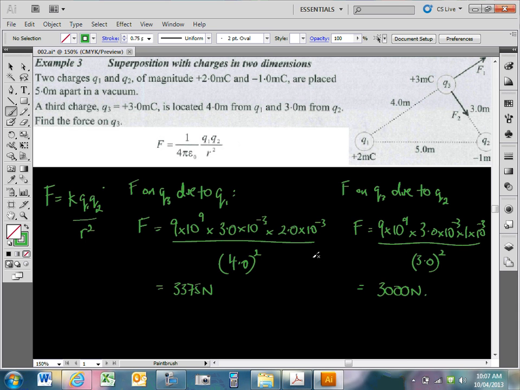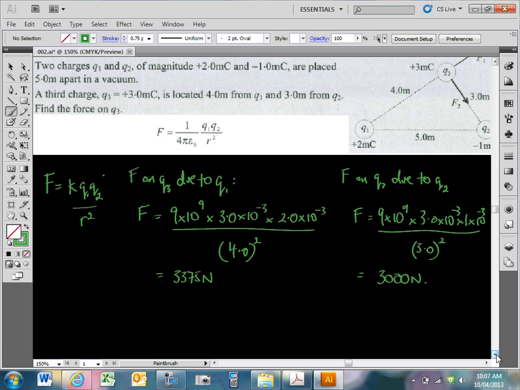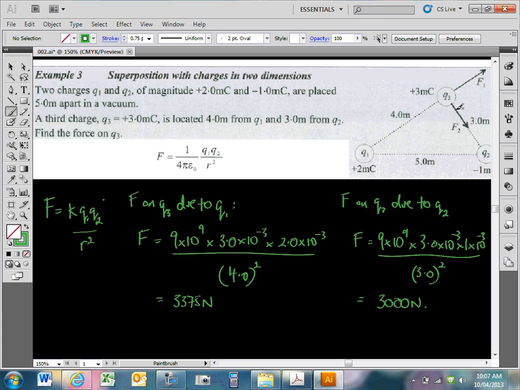Okay, so now we have to add them vectorially. Have a look at this diagram. It's actually a good diagram. It shows this is the force due to Q2, because Q3 is positive and Q2 is negative, so it's an attractive force towards Q2.